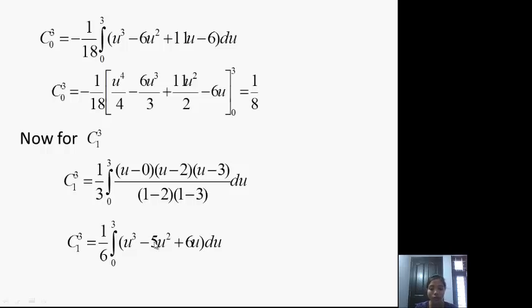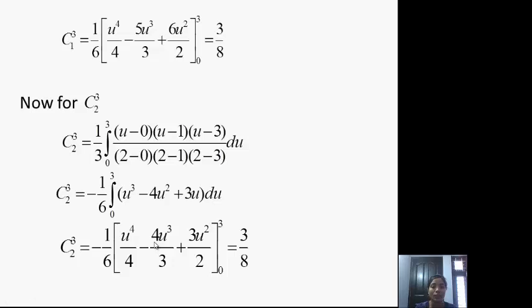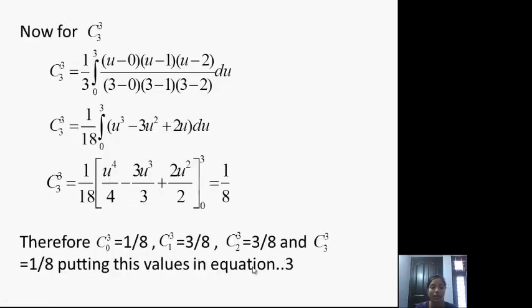After integrating this function and substituting the value of limits, we'll find our answer 3 by 8 for C_1^3. Now for C_2^3, we'll follow the same procedure and we'll find our answer 3 by 8. And lastly for C_3^3, we'll find our answer 1 by 8.